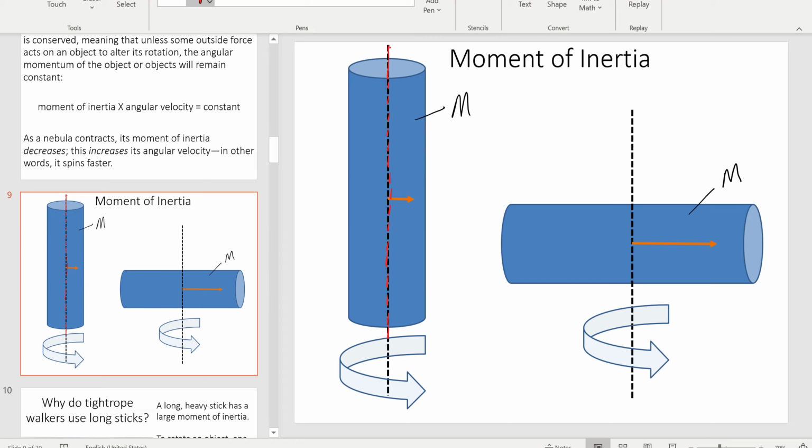So just rotating the pen about the line that goes down the center of the pen vertically. And then you can take the pen and orient it horizontally in front of you, and spin it about the same axis that goes down vertically. So hold the pen in the center with two fingers and then spin it around. It's hard for me to describe this without showing you a video of this.